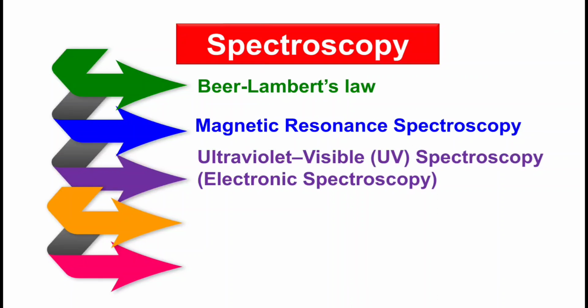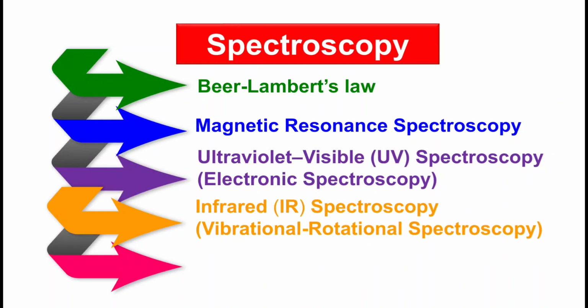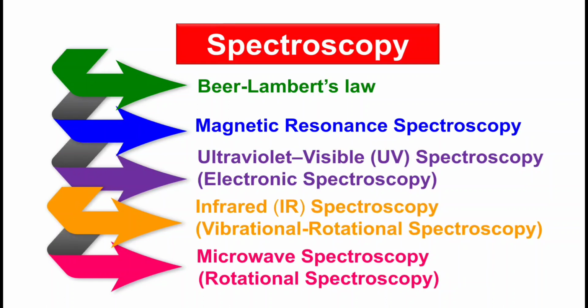And next, ultraviolet-visible spectroscopy, also known as electronic spectroscopy. Then we have infrared spectroscopy, also known as vibrational-rotational spectroscopy. And at the end, my dear students, we have microwave spectroscopy, also known as rotational spectroscopy.